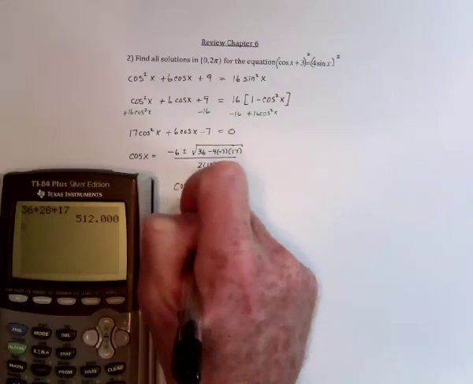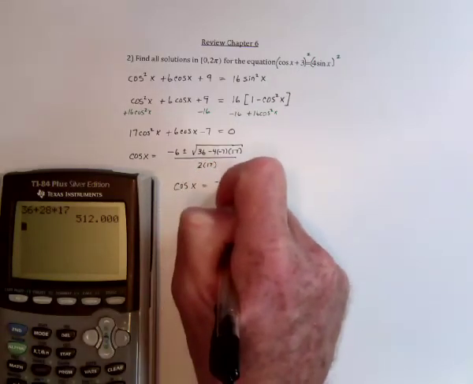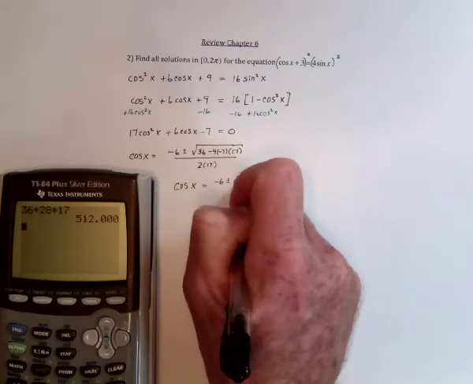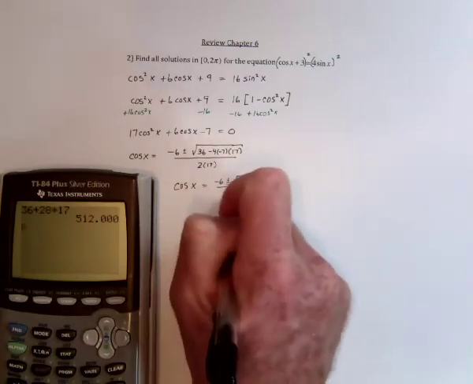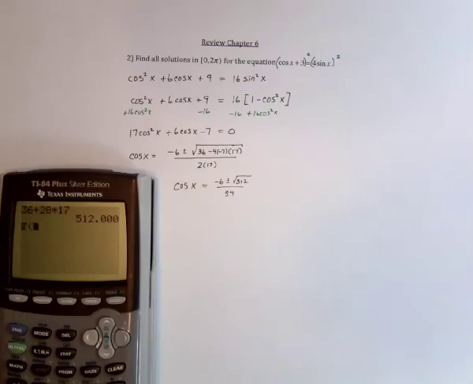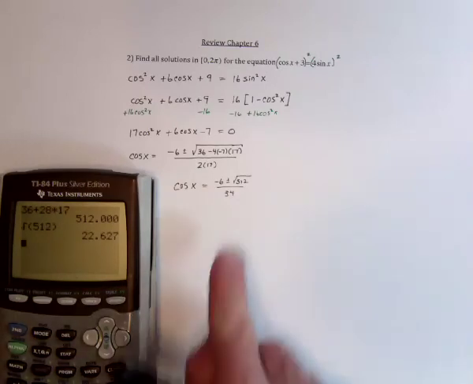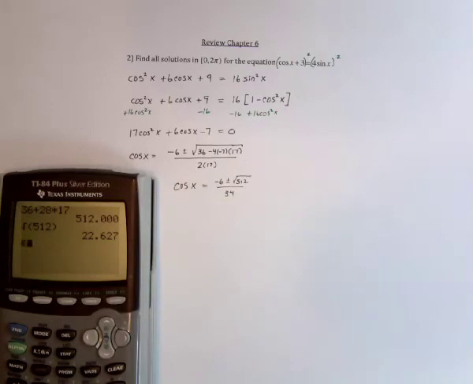So the cosine of x is equal to negative 6 plus or minus the square root of 512 divided by 34. And the square root of 512 is not a perfect square, so I'm going to type the whole thing in the calculator at once.